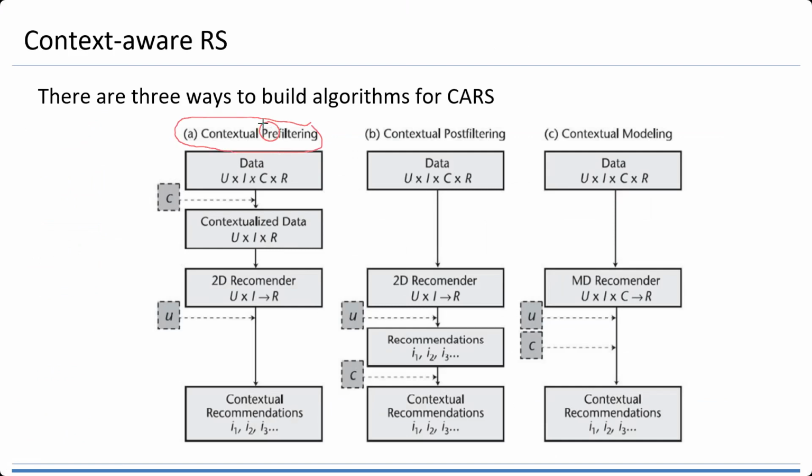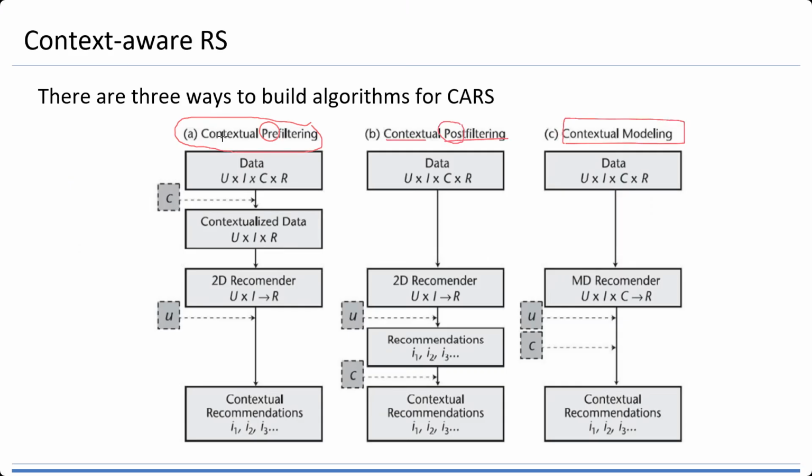The second idea is contextual post-filtering. Post means after. And the other is contextual modeling. So we need to make a model for the context.